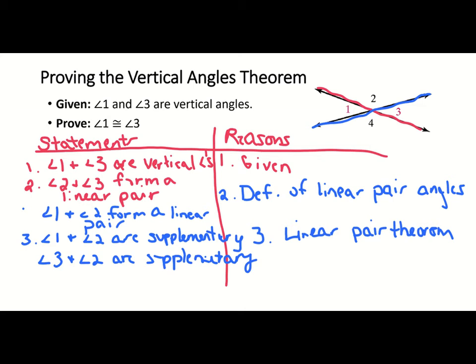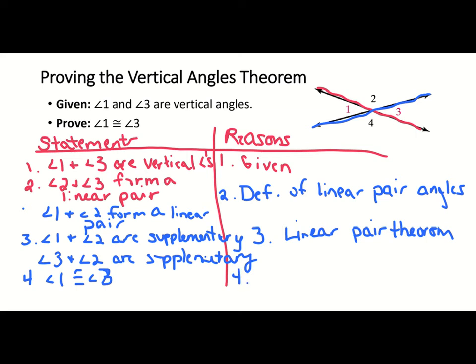And then I have angle 1 and angle 2 are supplementary. Angles 3 and angle 2 are supplementary. Think back to some formulas or theorems that we've talked about in the past. How can I prove that angle 1 is congruent to angle 3? And hopefully you remember we have our equal supplements theorem.